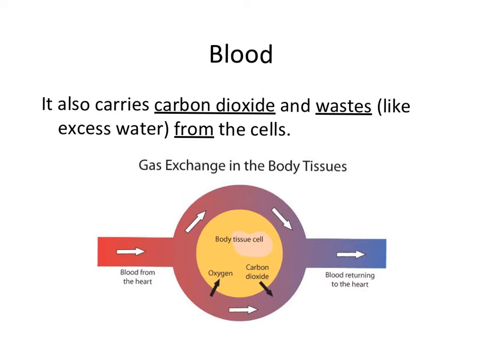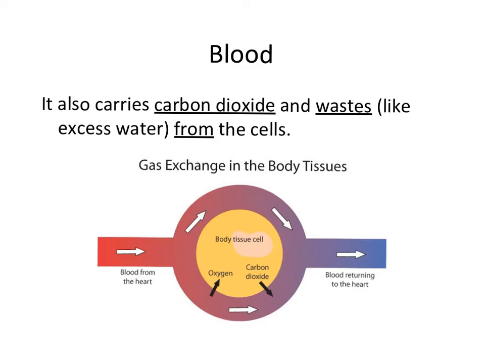Any blood vessel that is traveling away from the heart is called an artery. You may notice some places that say blood vessels that are carrying oxygen are called arteries, but that's not always the case.